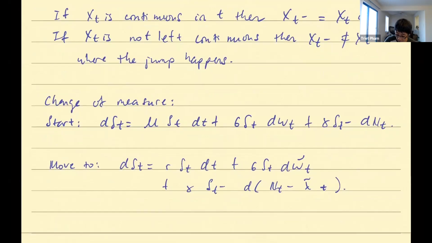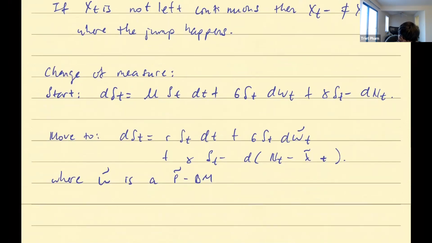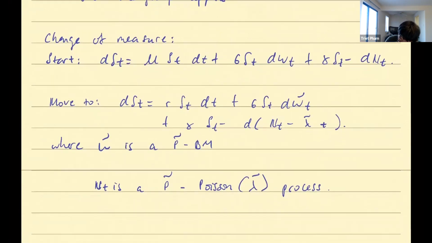Obviously two things must happen. First, W tilde is a P tilde Brownian motion. And N_t is a P tilde Poisson lambda tilde process. So two things. Of course, the question is how to define P tilde.